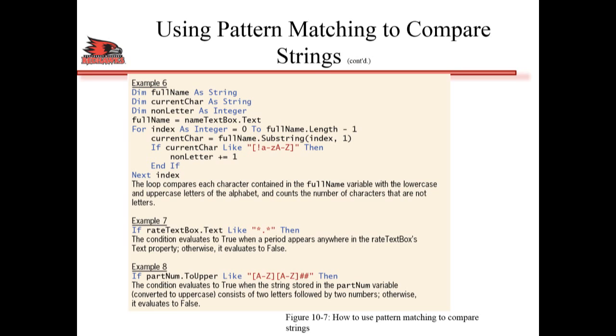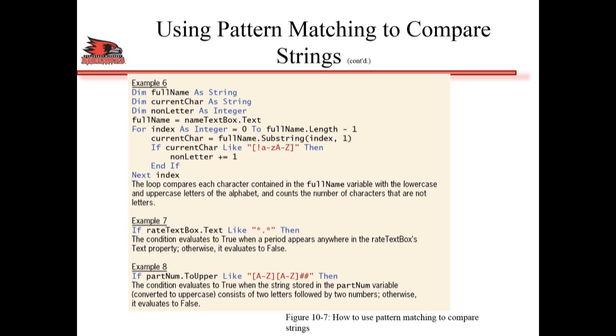Example 7 is just looking for a period anywhere inside the rate text box. And example 8 is looking for a certain pattern where the first two characters are letters, followed by two numbers.